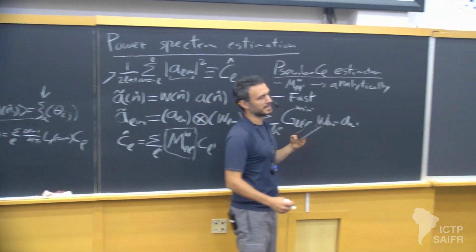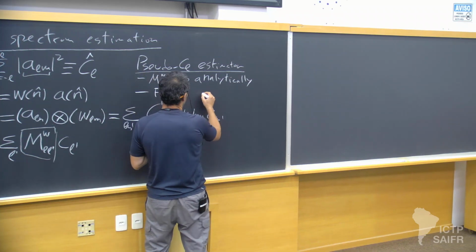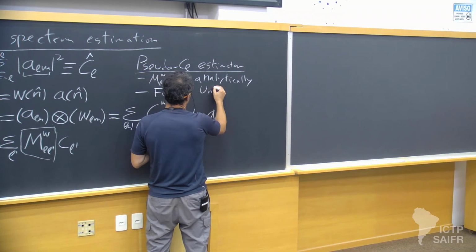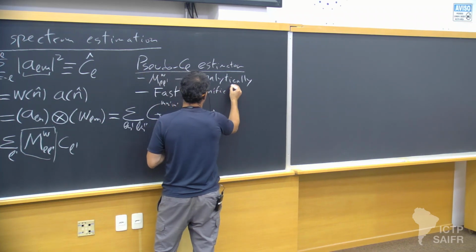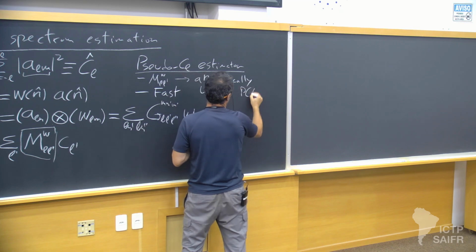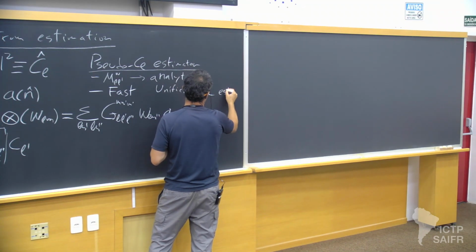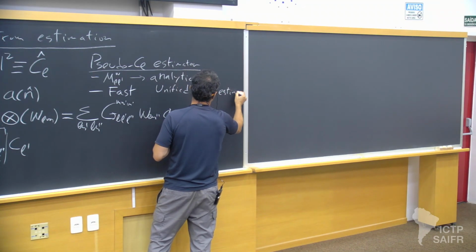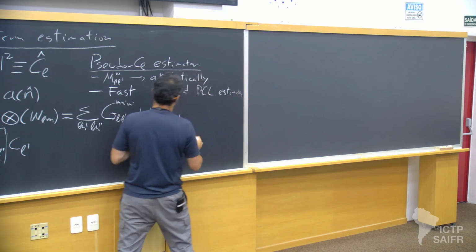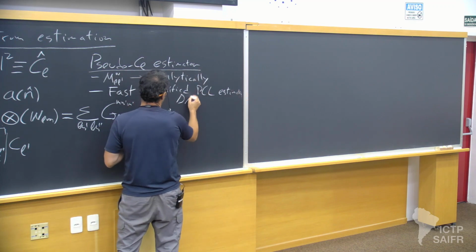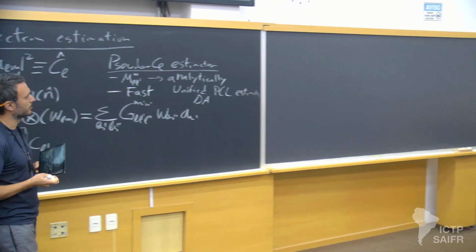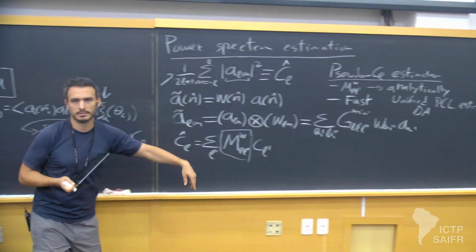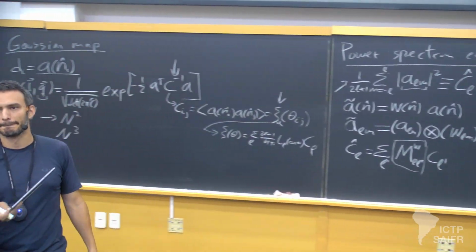Look at my paper. There's a paper called Unified Pseudo-CL Estimators, I think that's what it's called, by me. So if you Google that, you'll find a paper where all these formulas are written in detail.